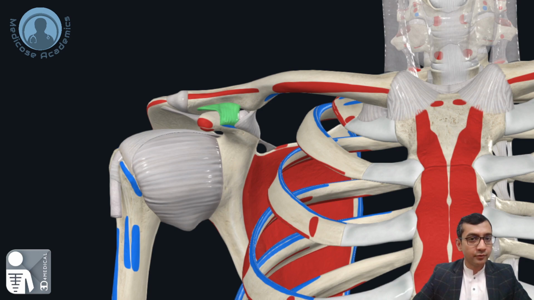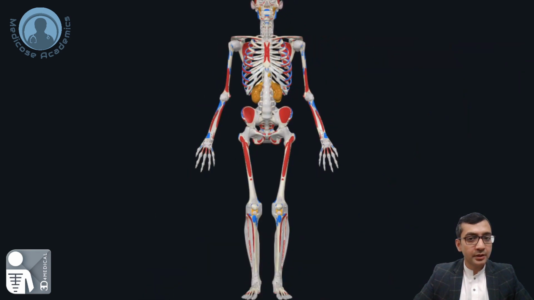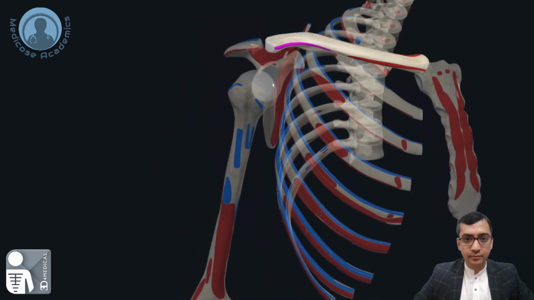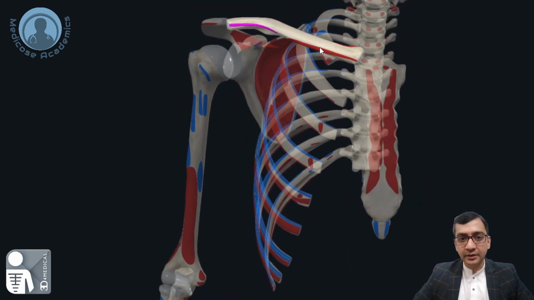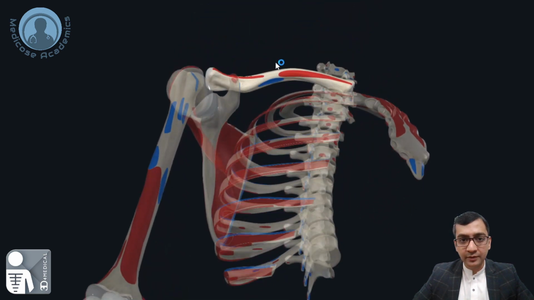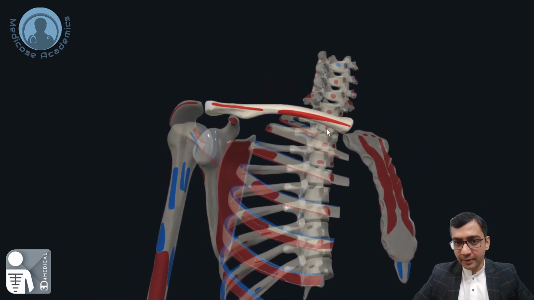Let me give you a very quick review of the attachments. Medial one third: anteriorly pec major, superiorly clavicular head of sternocleidomastoid, inferiorly subclavius, and medially costoclavicular ligament.